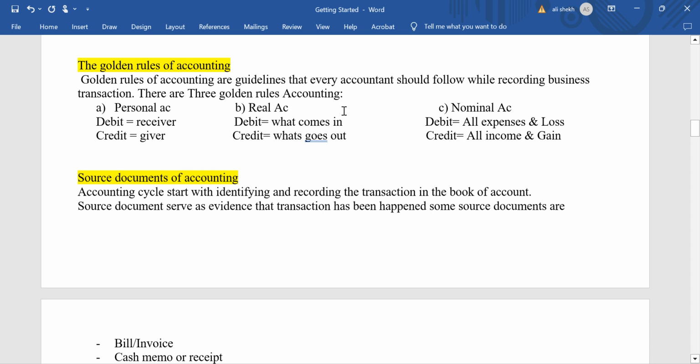First is personal account, second is real account, and third is nominal account.